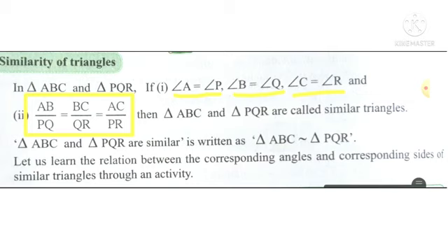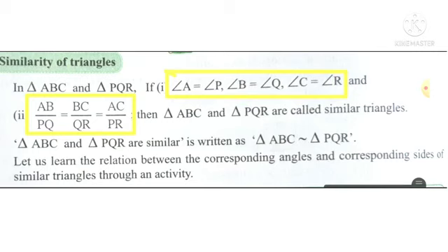Congruence मध्ये काय होतं बघा, पहिल्या ट्रायंगलचा अँगल दुसऱ्या ट्रायंगलच्या अँगलशी कॉन्ग्रुएंट होता आणि पहिल्या ट्रायंगलची साईड दुसऱ्या ट्रायंगलच्या साईडशी कॉन्ग्रुएंट होती. पण इथं आपल्याला दिसून येते की अँगल्स कॉन्ग्रुएंट आहेतच, शिवाय साईड्सचा रेशो सेम आहे, म्हणजे साईड्स प्रपोर्शनल आहेत.